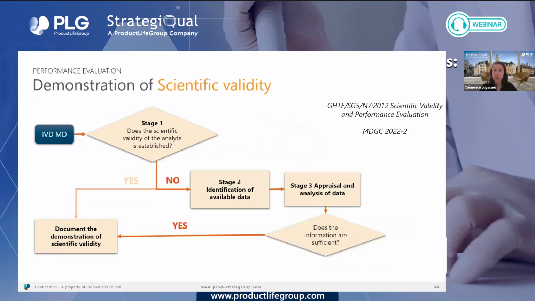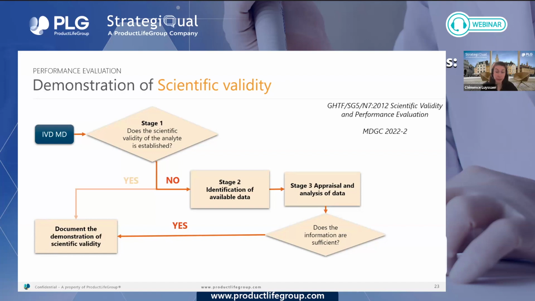If there is no consensus to validate the link between the analyte and the physiological clinical state, a systematic search of the literature should be carried out to find evidence of the relevance of measuring this analyte for the intended use. Or identify other data, such as data on similar devices, design feasibility study, or other clinical utility study, for example.